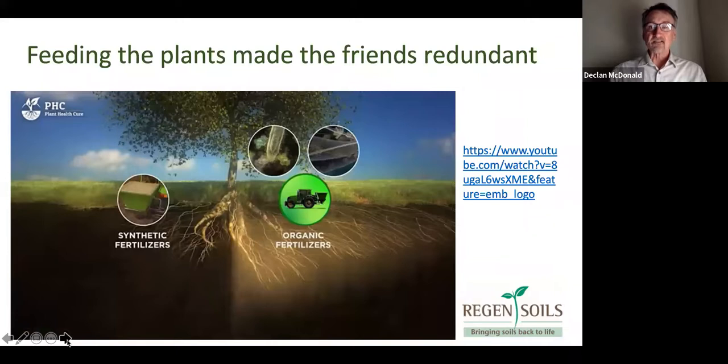But feeding the plants made the friends redundant, because where we have this exchange between the plant and the organisms, the plants don't need the organisms to acquire their nitrogen and phosphorus and whatever else, they don't exchange with the soil organisms. They keep the energy for themselves, and so basically all the workers get laid off.